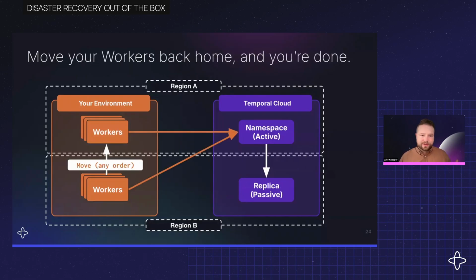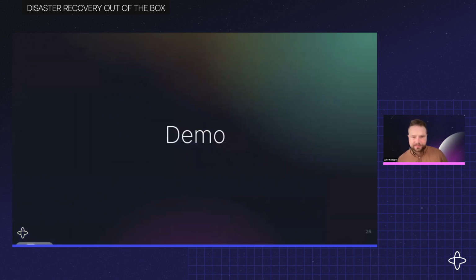And so all you have to do now is move your workers back home, and you're back to normal. You can move those workers in any order. They can reach cross-region to Temporal Cloud, and there's no sequencing. You don't have to move them all at once. You've got a lot of flexibility there in the failback process.